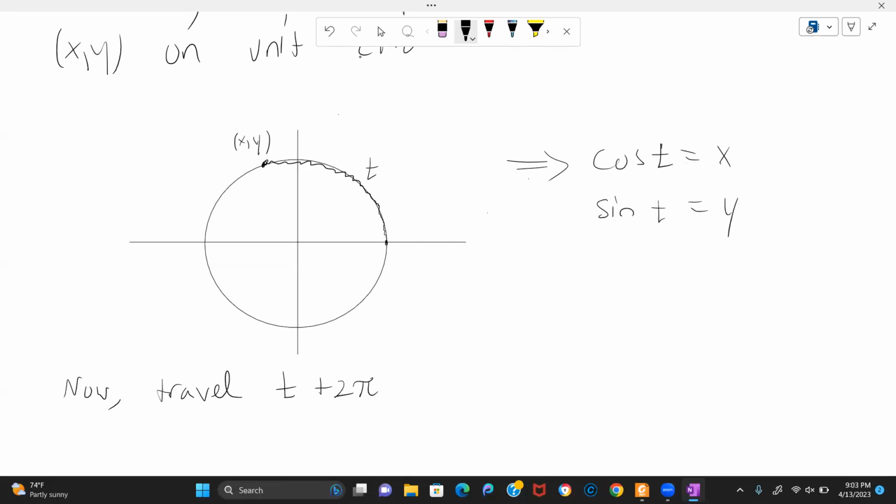You can break up the travel in a sense. So if you want to travel this many units, you can travel t units and then 2 pi units, or you can travel 2 pi units and then t units. So let's say you travel the 2 pi units first. Well, remember that's the circumference of this circle. So you travel all the way around the circle, and then land back here.